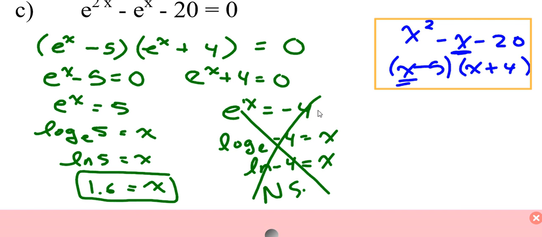Log base e, okay, negative 4 equals x, and the natural log of negative 4 equals x. Try to put natural log of negative 4 in your calculator and tell me what you get, which makes sense because of what we had right here. A positive base can't be raised to anything that's going to change that into a negative. So we just have one answer, 1.6.